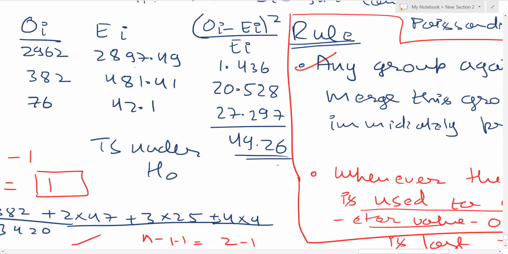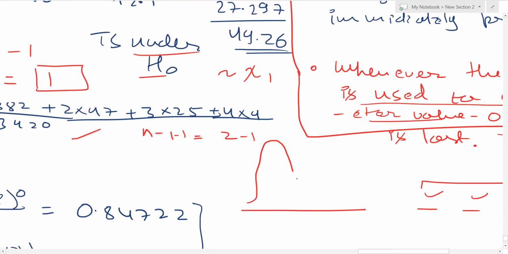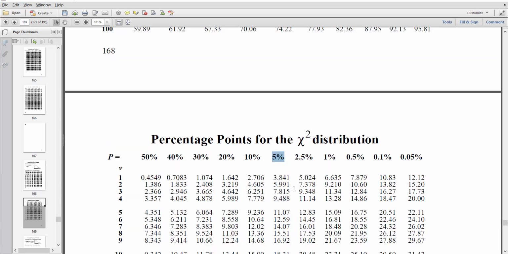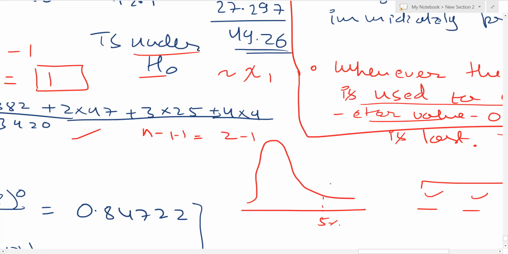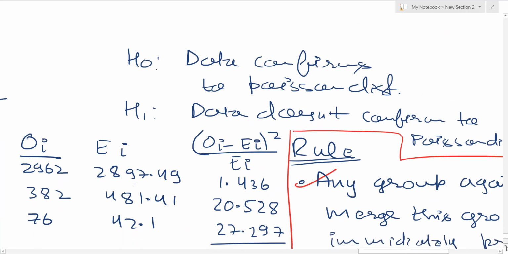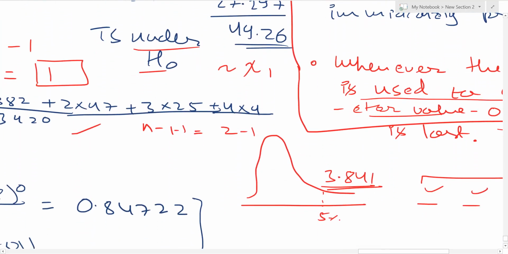So this 49.26 test statistic under H naught has a chi-square 1 distribution, and now I have to check it against the chi-square 1 distribution upper 5% percentage point. Let's go to the tables first and be done with this question, and then I'll discuss the logic. 5% chi-square 1, the value is 3.841. If you see, my value for the test statistic is 49.26, much larger than this value.